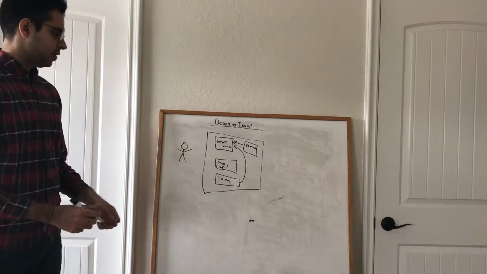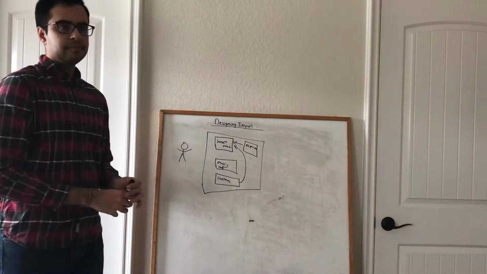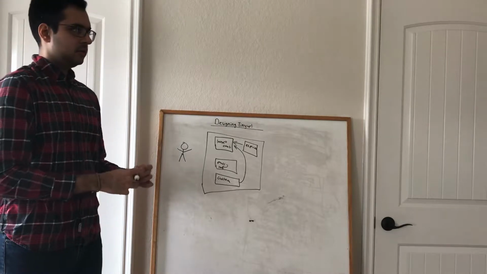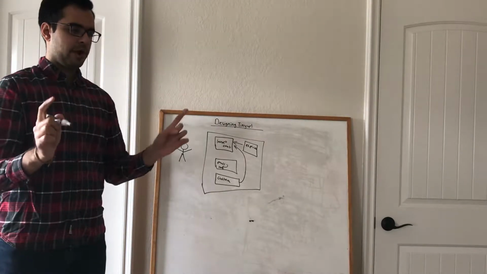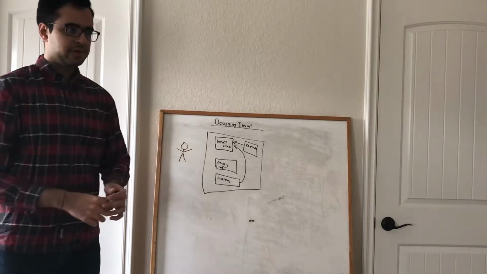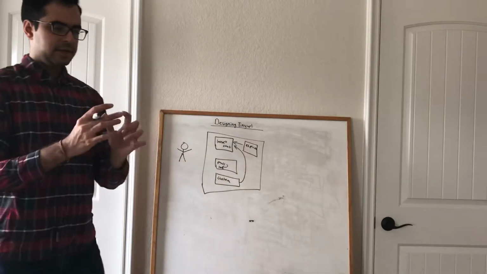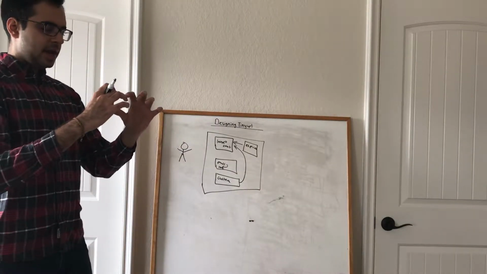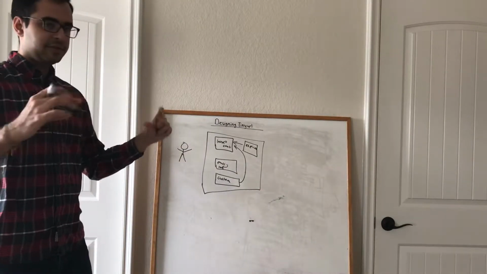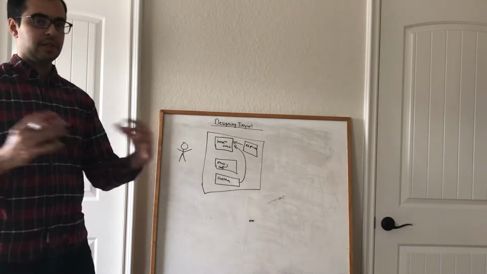So let's talk about the large to small use case first. So we're shrinking a large URL into a small URL. One way to approach this would be to generate a string that is unique to that large URL.